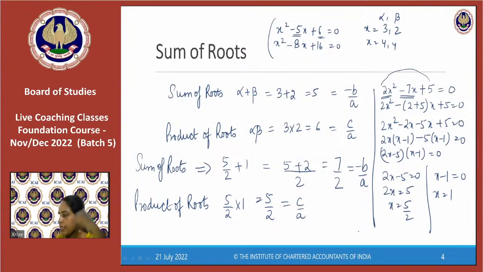Are you understanding this much first? I hope you understand sum of roots now. So sum of roots can be calculated by adding the values of x, and also without actually adding the roots, I can find out the sum of the roots by the coefficients itself, that is minus b by a, and the product can be found by c by a.